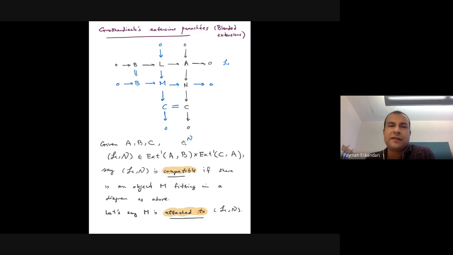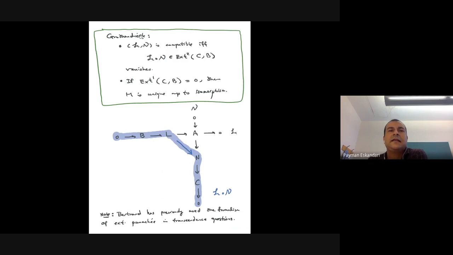Now, the question of when a pair is compatible is, as I said, answered by Grothendieck. A pair L, N is compatible if and only if their composition, which is now a 2-extension, vanishes, that is, if and only if it's trivial.